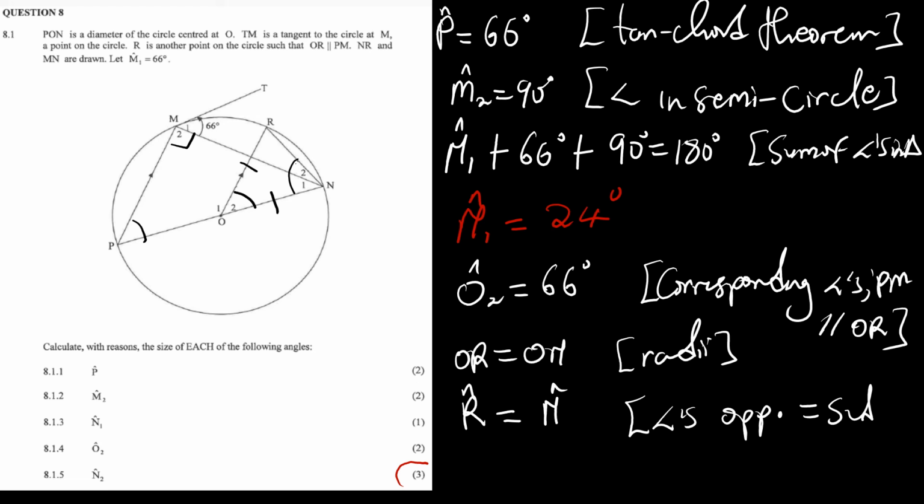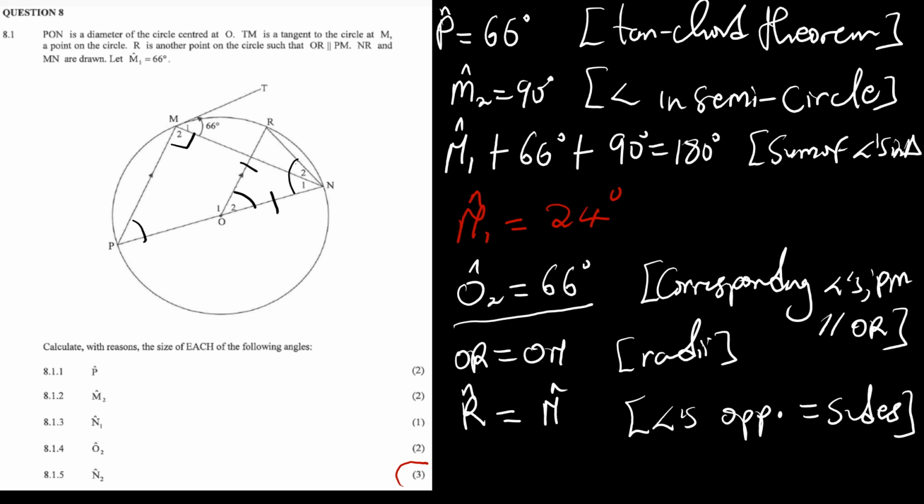The main aim is to find angle N as a whole, so that we can find angle N2. Don't forget, in triangle NRO, we have angle O2, calculated here.